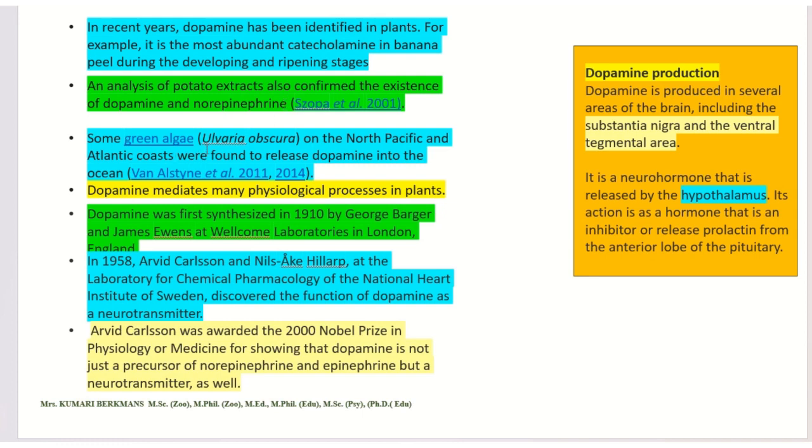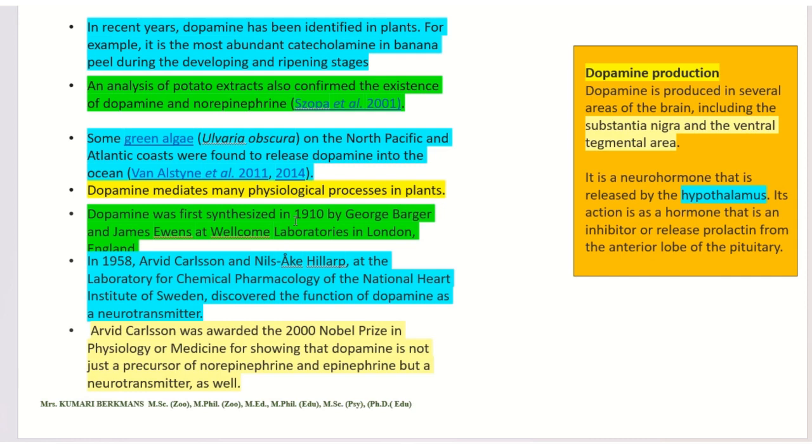Some green algae, Ulvaria obscura, on the North Pacific and Atlantic coast were found to release dopamine into the ocean. So when these algae are present, they are releasing dopamine into the ocean. This is also a very important point, noted. Dopamine mediates many physiological processes in plants.